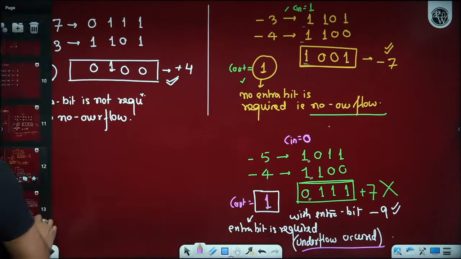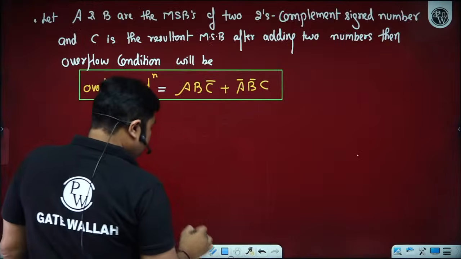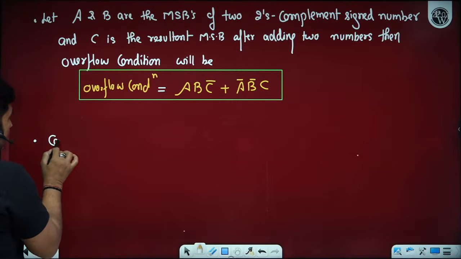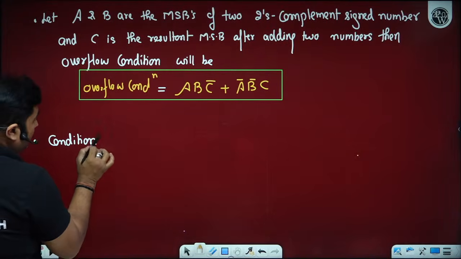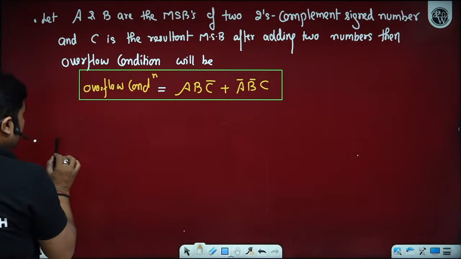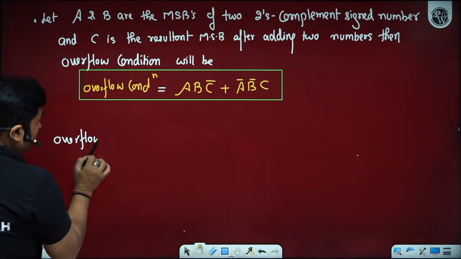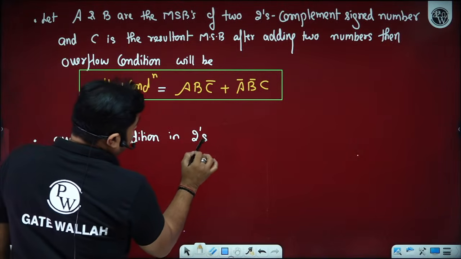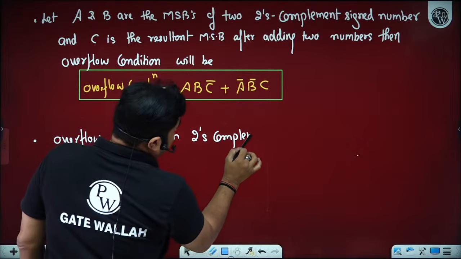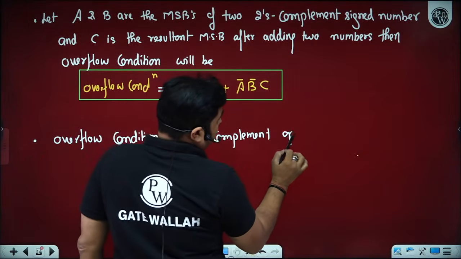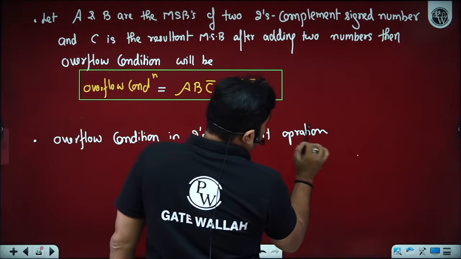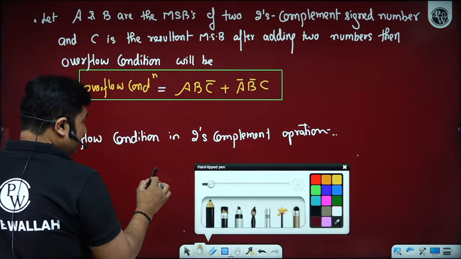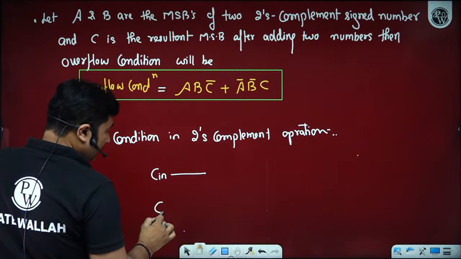So in terms of carry in and carry out, can I conclude the overflow condition in 2's complement operation? Carry in and carry out can be represented as carry in and carry out.